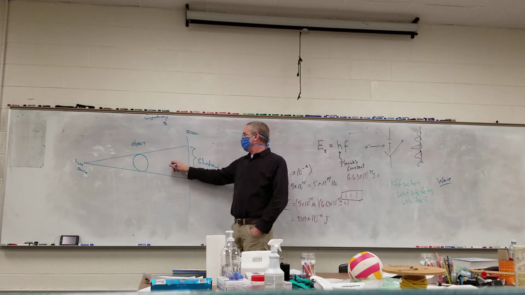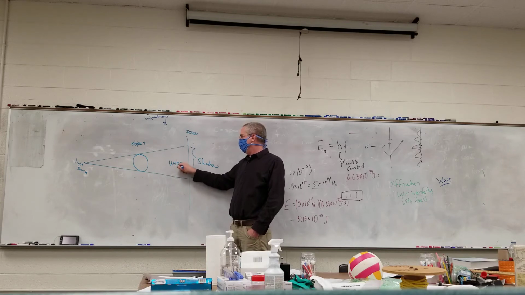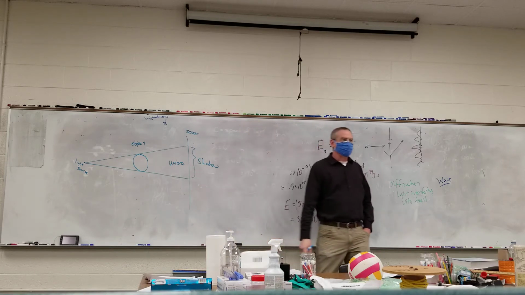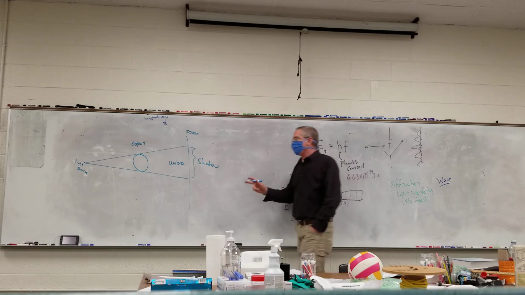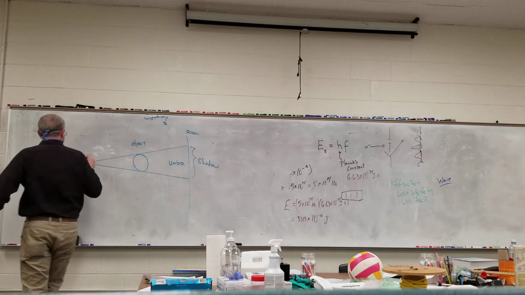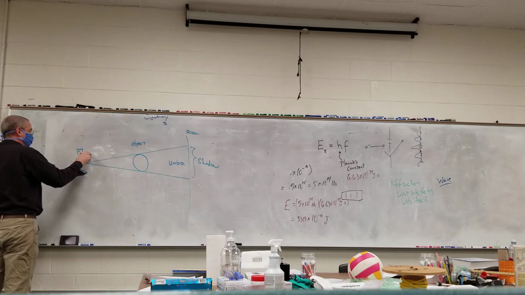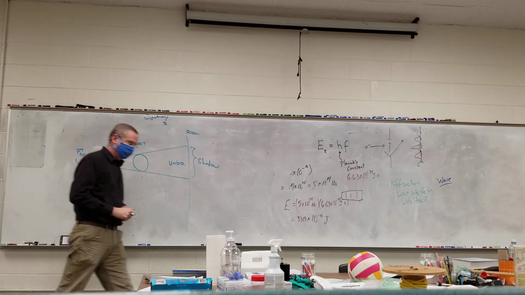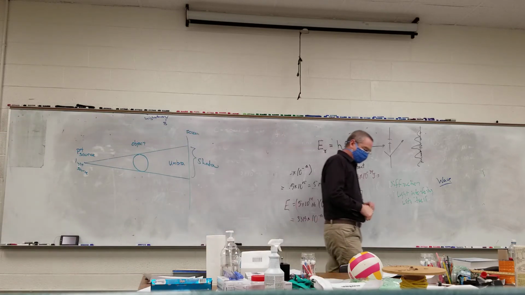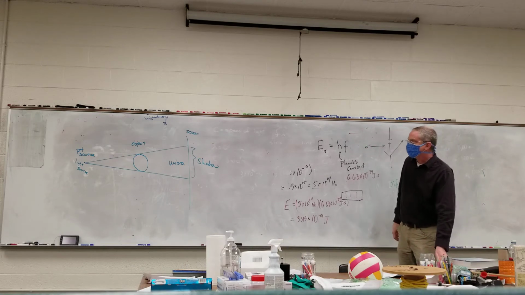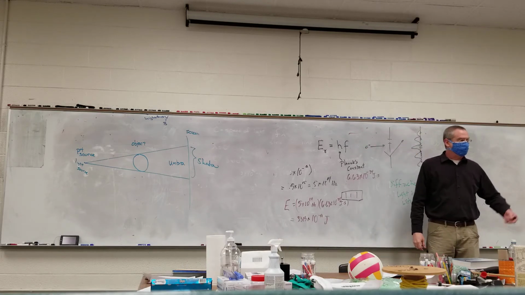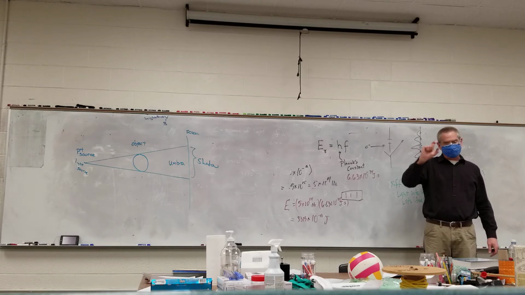Because light does not get here, this is known as the umbra. And this does assume that our source of light here is a point source. However, the light bulbs that we have are not point sources. They actually have a size to them.